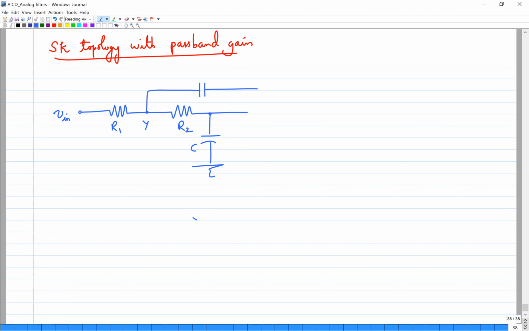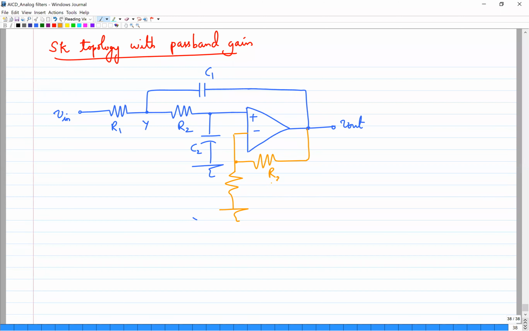This is C2, this is C1, and this is your V out plus minus. So previously we configured this, or we have connected it in this way, so that will provide a unity gain. But now since I need some gain out of this, I can actually configure this as an amplifier with resistors connected here. Say since we have used R1, R2, we'll use these as R3 and R4. Now can you tell me what is the gain provided by this?